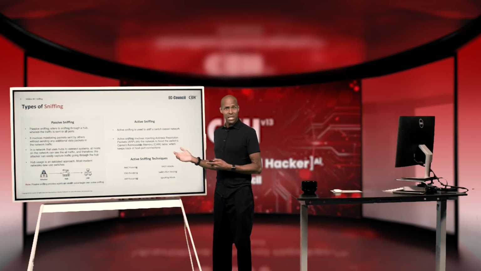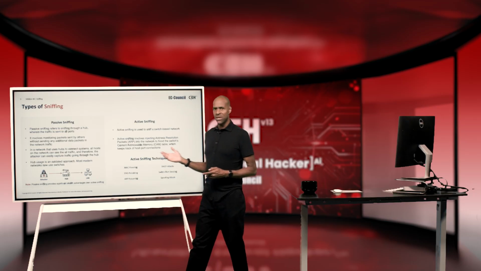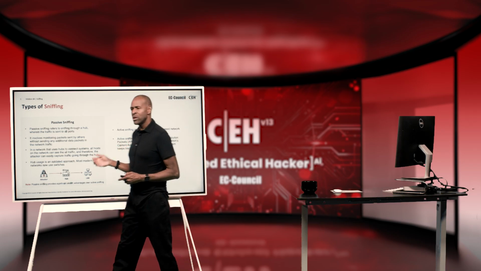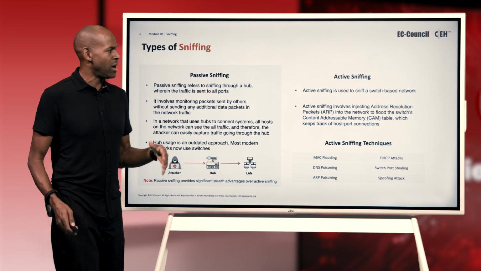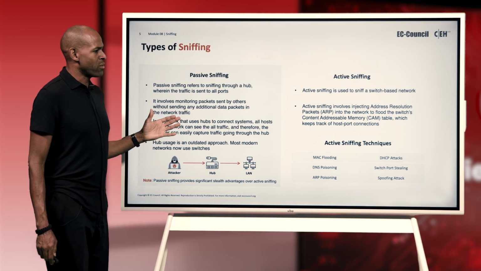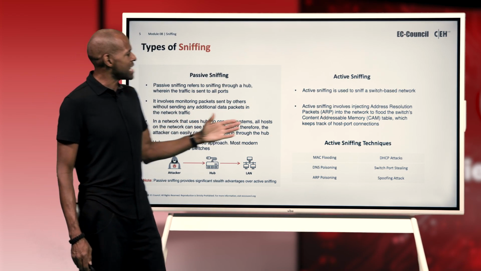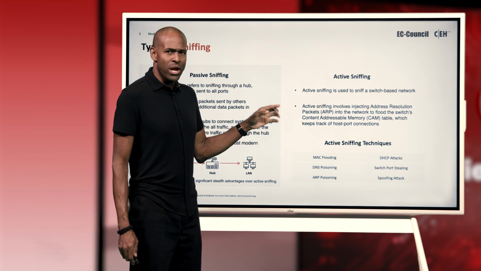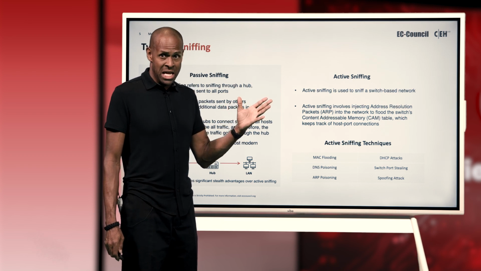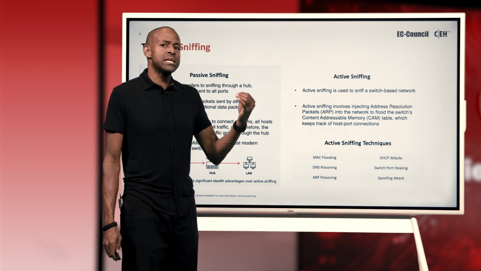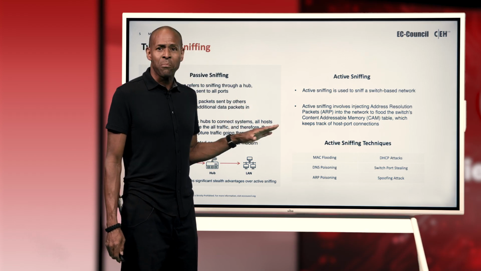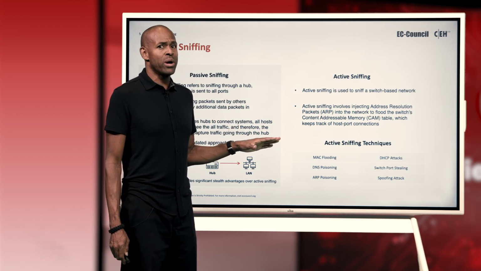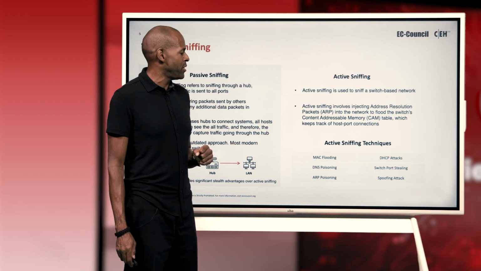I was mentioning a little bit earlier passive sniffing. Passive sniffing is when we are just listening to what's happening on the network, like with Wireshark. Whereas active sniffing is when we are sending data into the network to elicit a response. With that, we can get even more information that we would normally not have been able to see before.